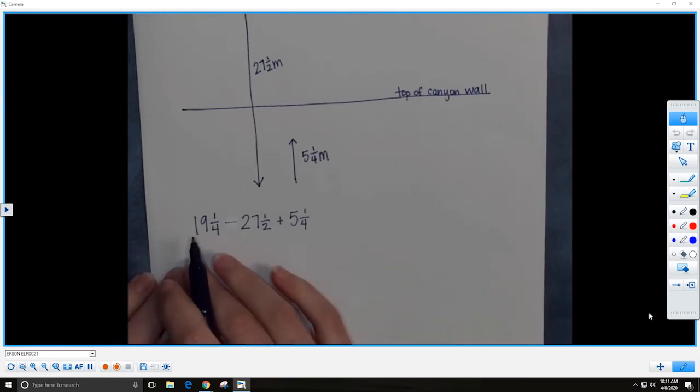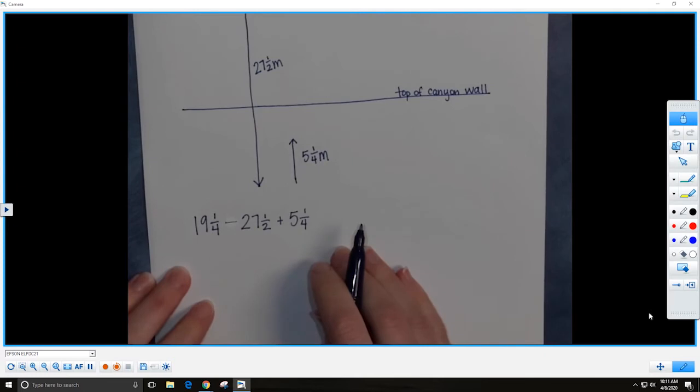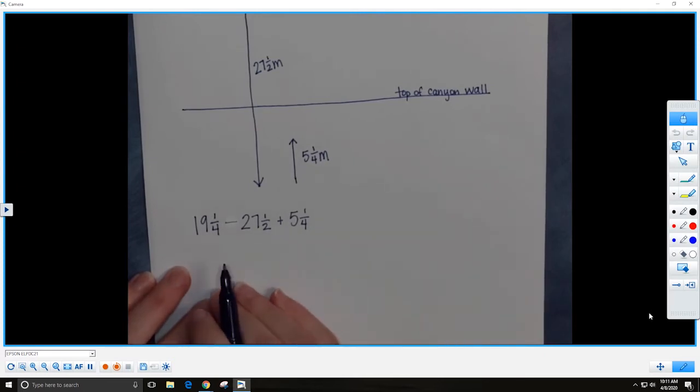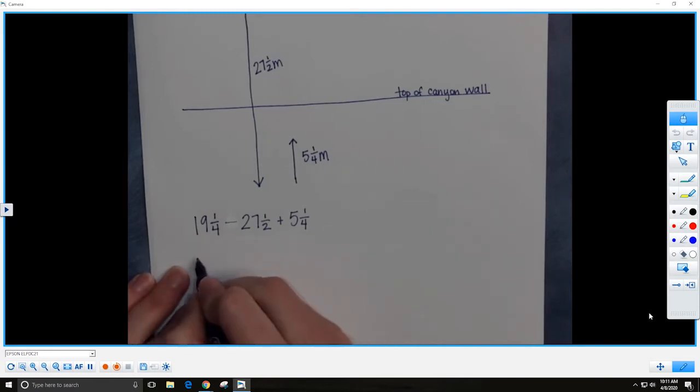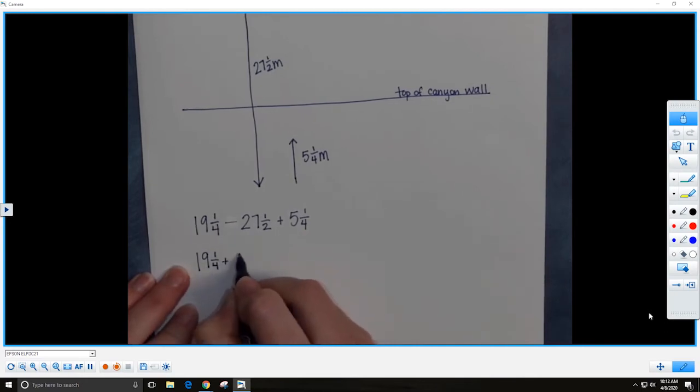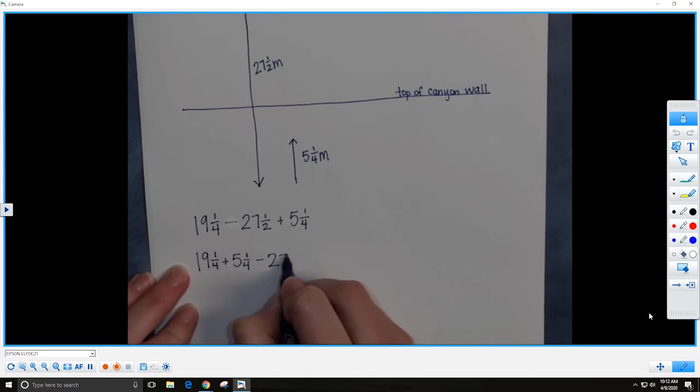Okay, so I'm going to rewrite this. Remember that we talked about how you can reorder addition so that it's a little bit easier to work with. So I'm going to reorder this so that I have 19 1/4 plus 5 1/4 together, and then I'm going to subtract the 27 1/2.